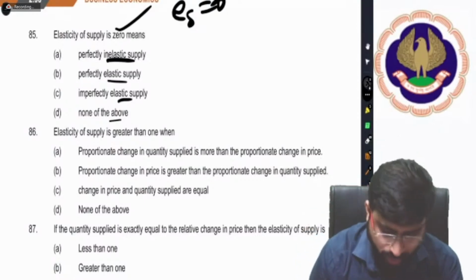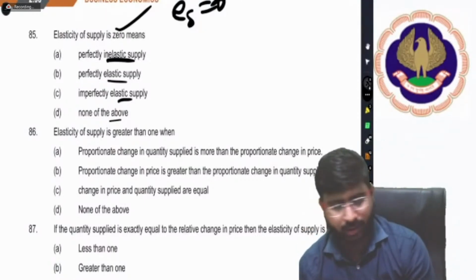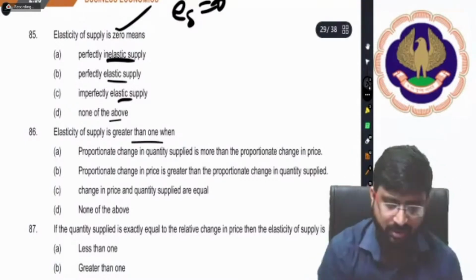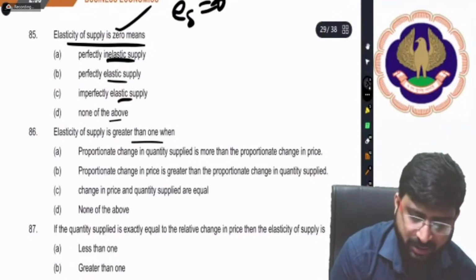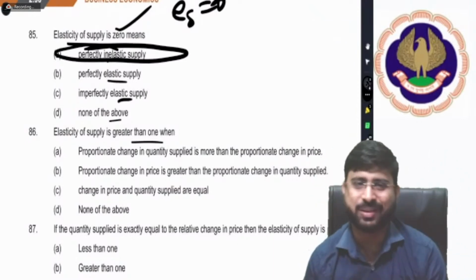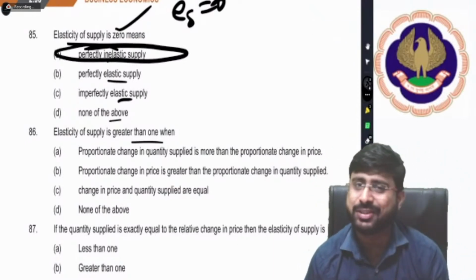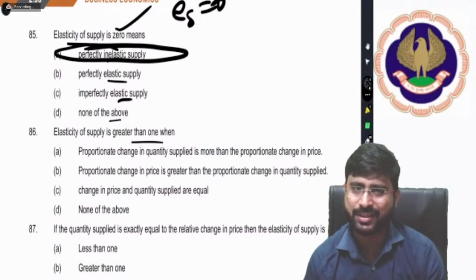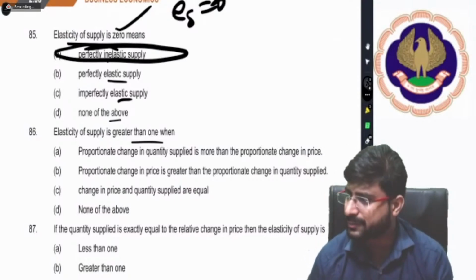Okay. So yes, you people are correct. Elasticity of supply is zero means it is perfectly inelastic supply. There is no change in supply whatsoever. And so it is zero. Absolutely correct. Let's move on.